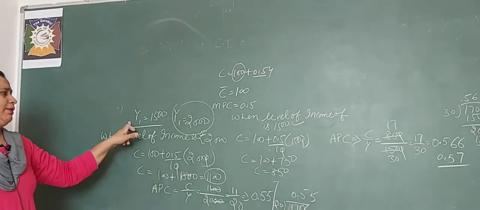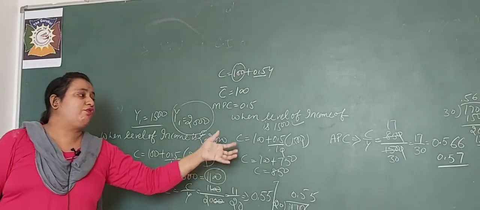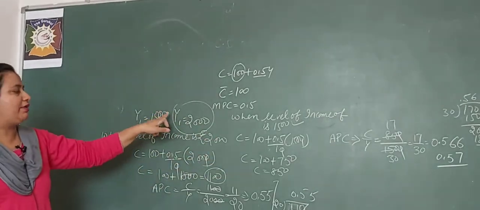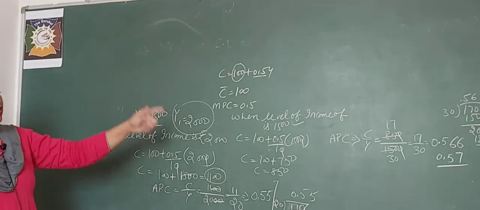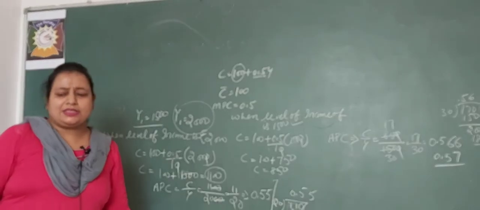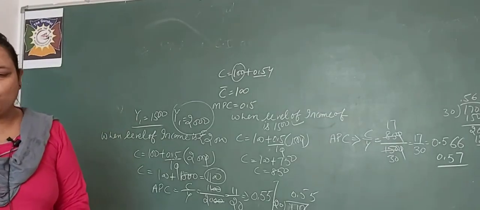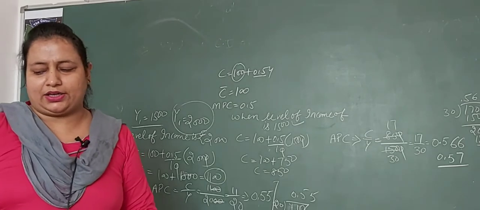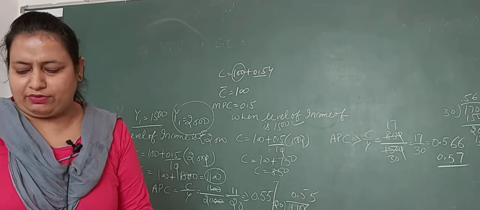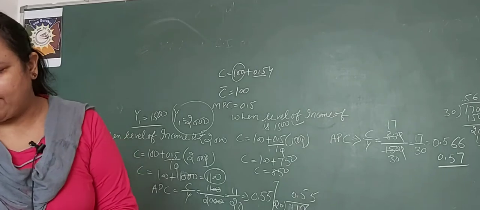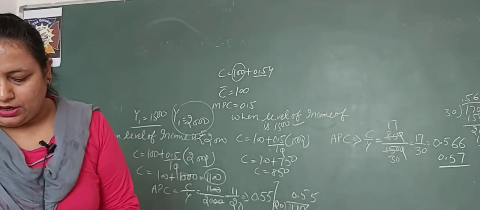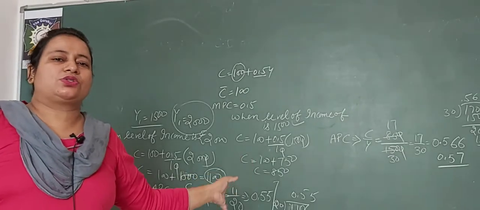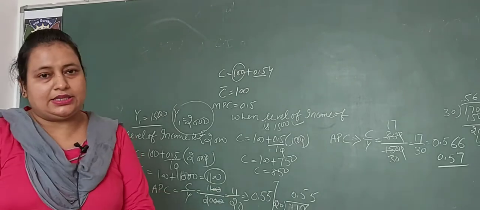When the level of income is increasing from 1500 to 2000, the value of APC, average propensity to consume, is decreasing. You can prove it with the help of example. Okay beta, I hope now you can solve this question easily.